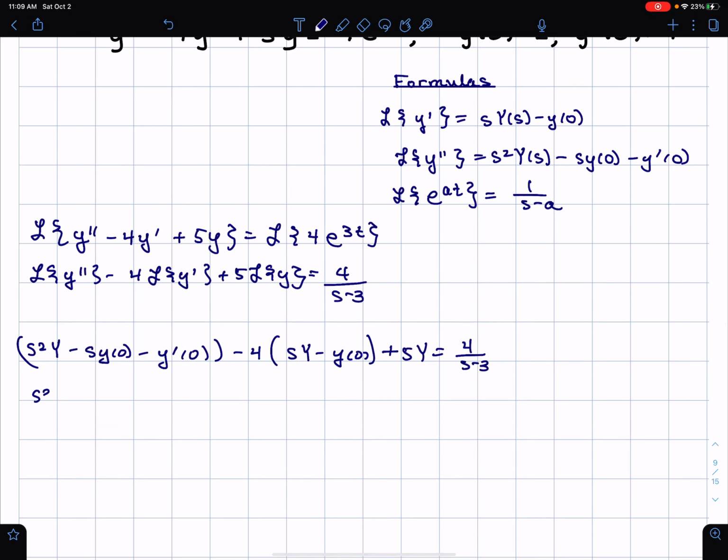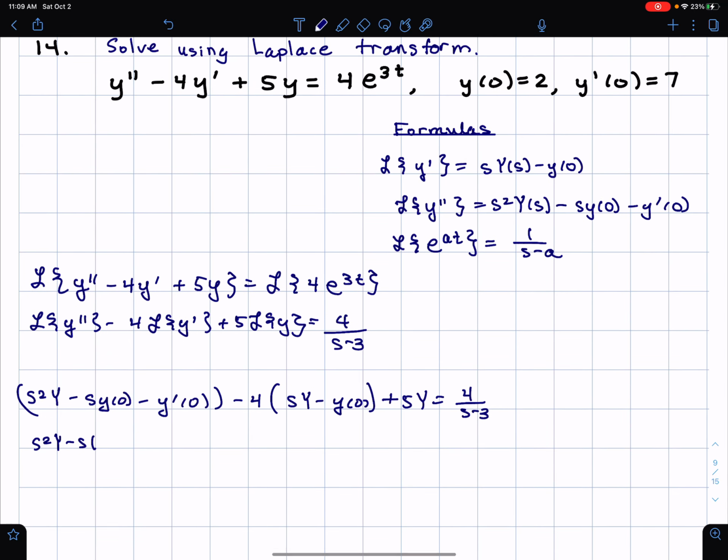So this is going to give s squared Y minus s times y(0), which is 2, minus y prime of 0, which is 7, minus 4 times sY minus 2, plus 5Y equals 4 over s minus 3.